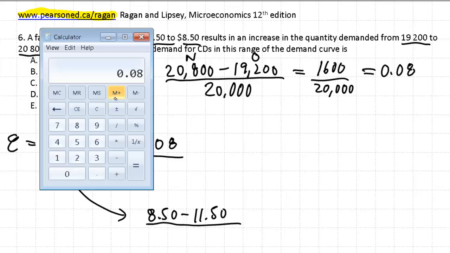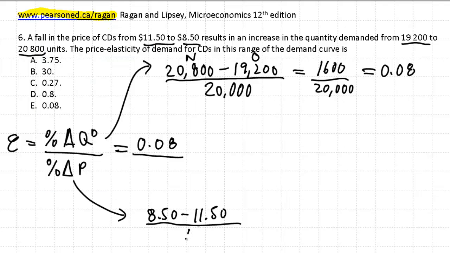So hopefully they're doing easy math for us. 8.5 plus 11.5 gives us 20. 20 divided by 2 will give us 10. So this is going to be 850 minus 1150, so that's minus 3 over 10, and you know that to be 0.3 as a decimal.